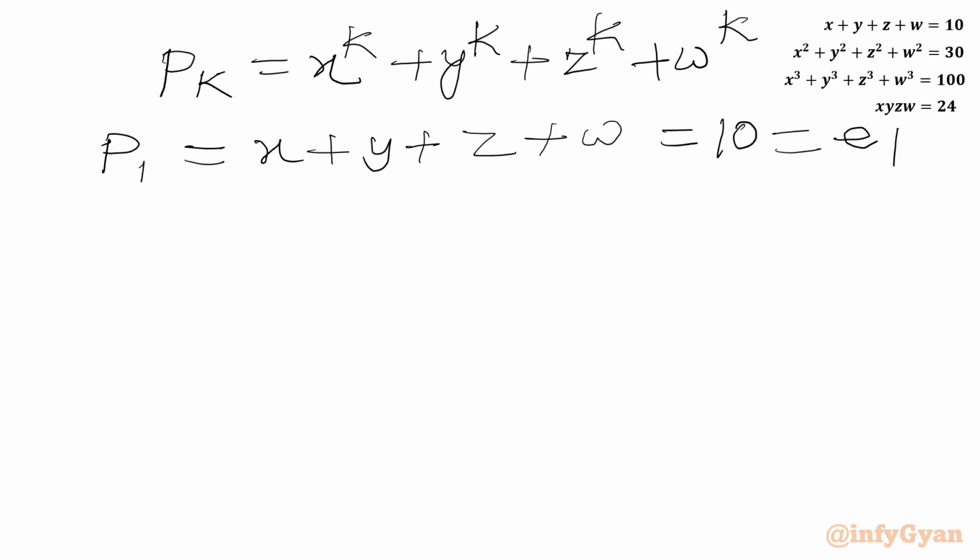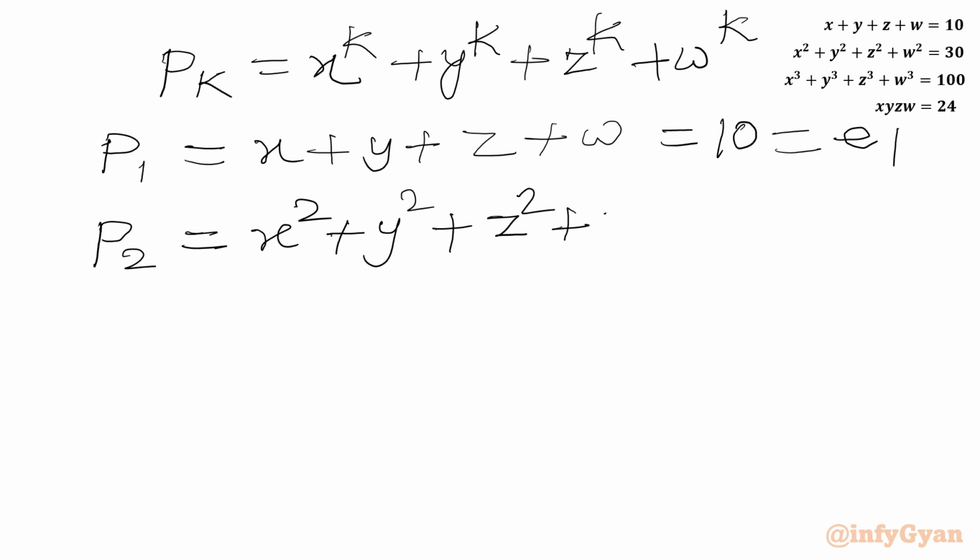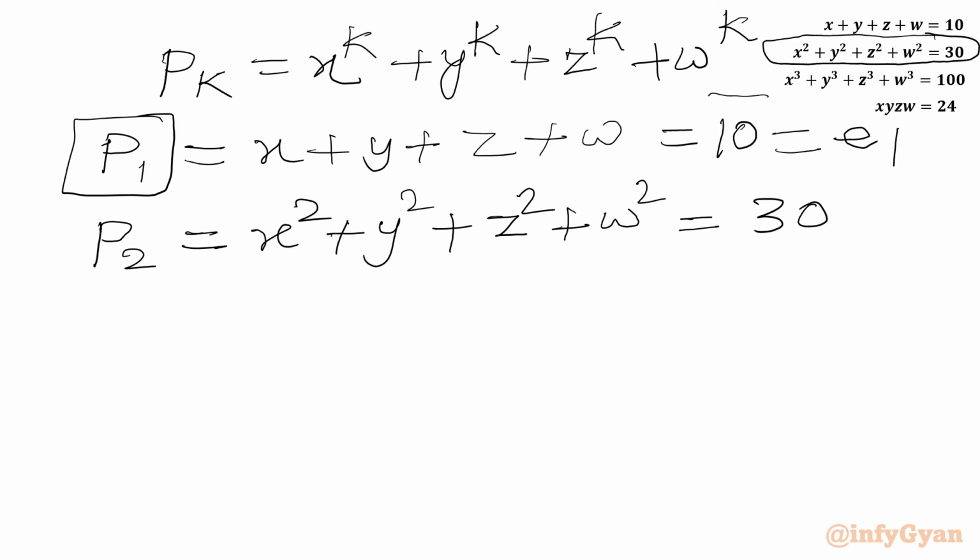So I can write P1 is 10, which is equal to E1. Let's put k equal to 2. We will get P2 equal to x square plus y square plus z square plus w square. This is our equation number 2. So we can write P2 equal to 30. I will write P1 equal to 10, P2 equal to 30.